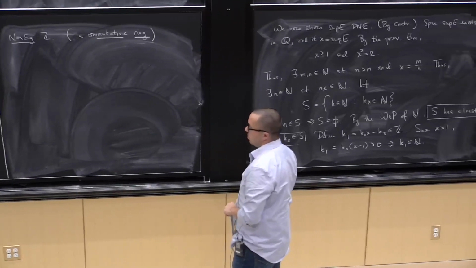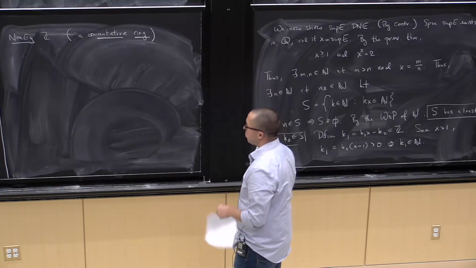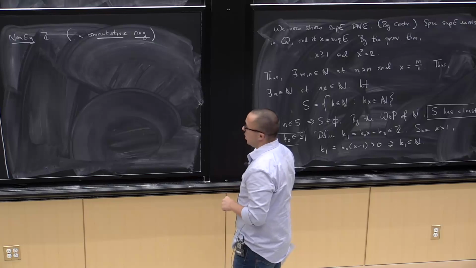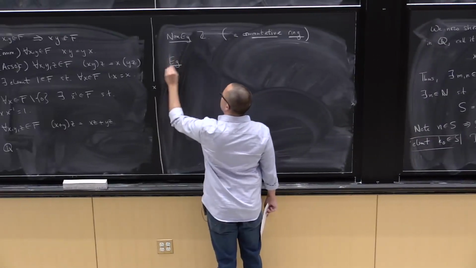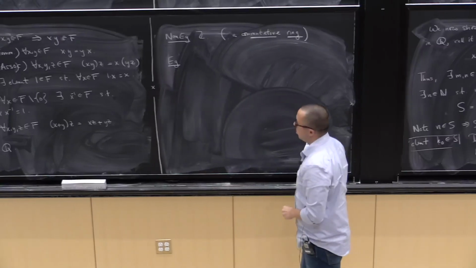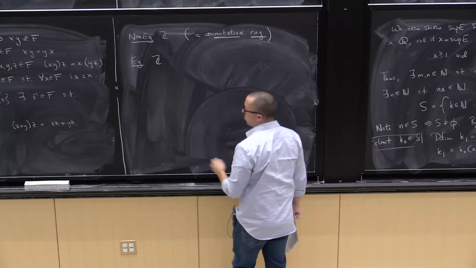For example, the set of, say, 2 by 2 matrices form a ring. What's another example of a field? Well, maybe I should have given this one first.